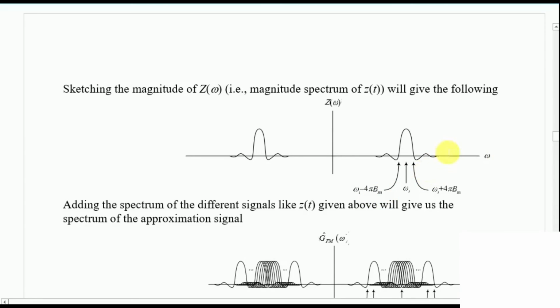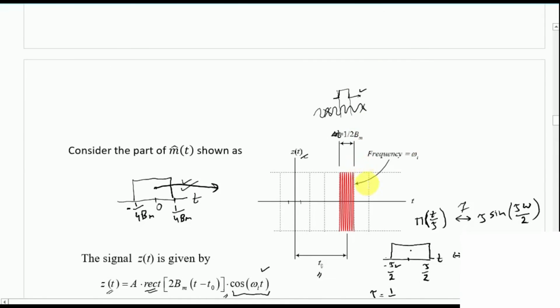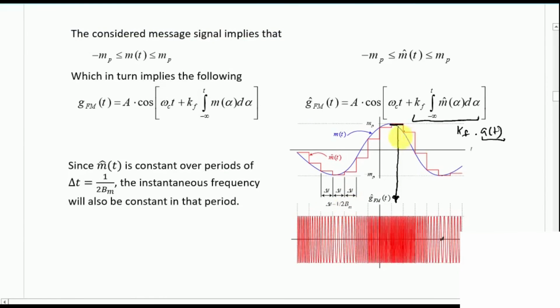So this is the spectrum of one gated cos function, and the oscillatory frequency is basically determined using the amplitude of the message signal, which was over here.